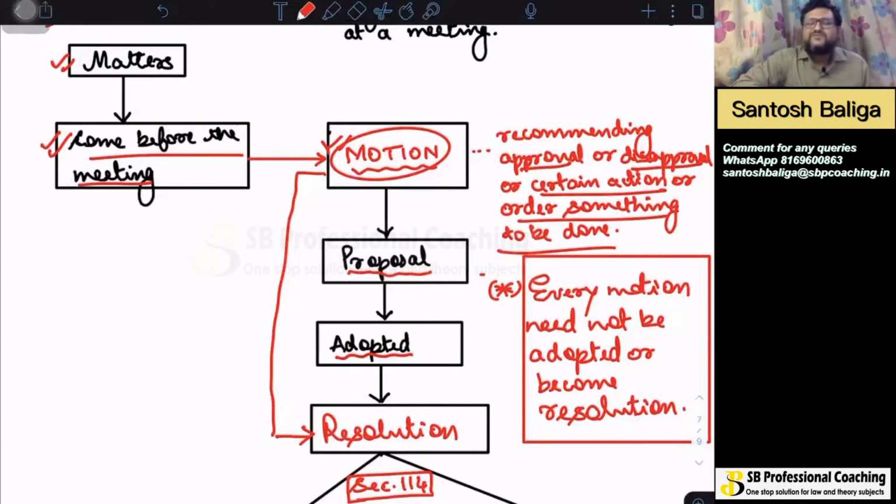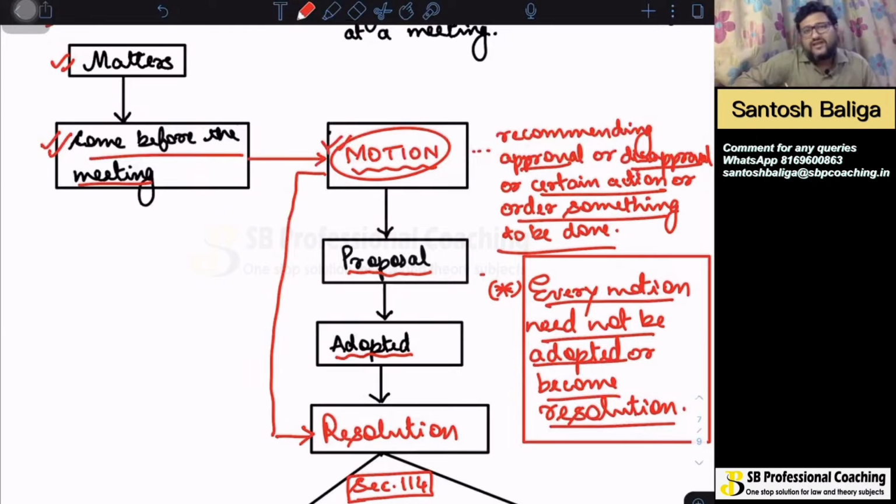I hope this is clear. So every motion that is placed in the meeting need not be adopted or become a resolution. Okay. So this part of motion and resolution is clear to all of you.